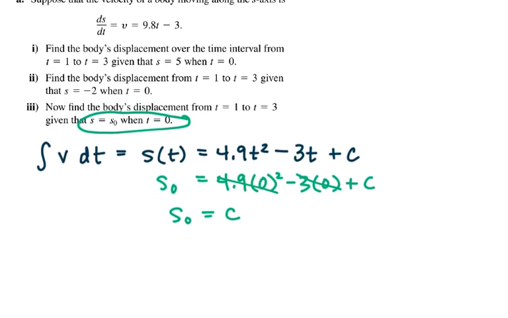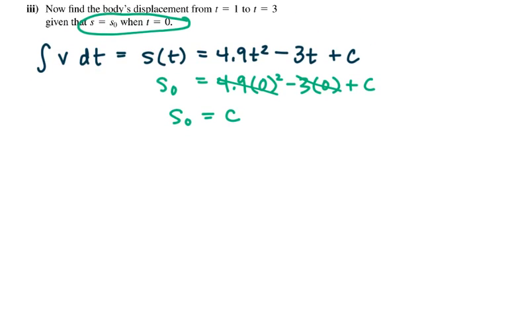And in this situation, my position function, s of t, is equal to 4.9t squared minus 3t plus, instead of c, I'm going to write s sub 0 or s naught.